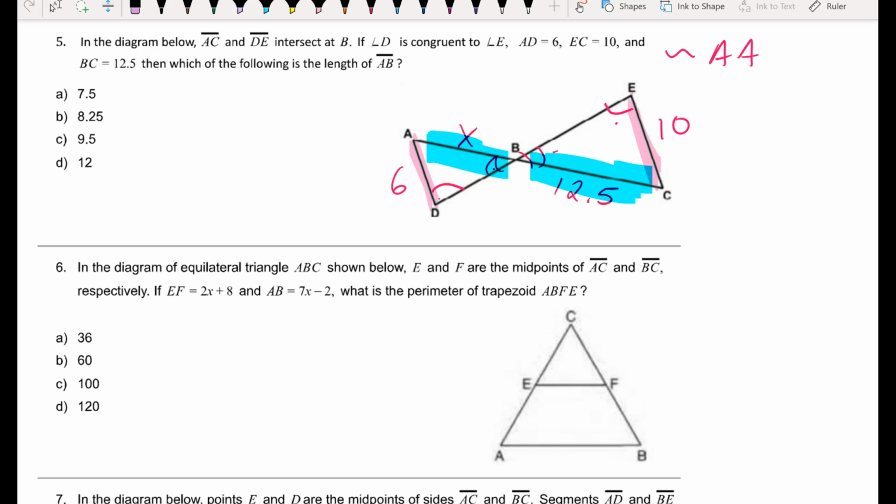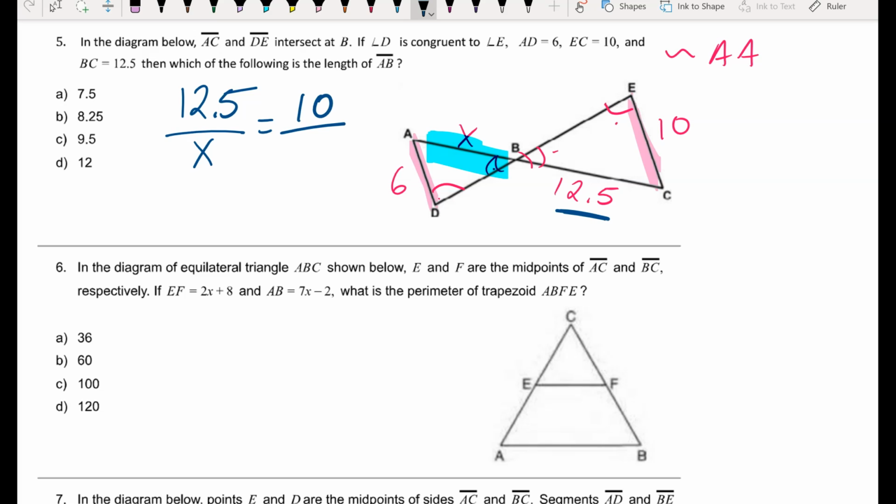So remember, I could either do big over small equals big over small, or small over big equals small over big. If I do big over small, a big side, or a side of my bigger triangle, is 12.5. That corresponds to x in my other triangle. I could set that equal to my other big side, 10, over the corresponding small side in the other triangle, AD.